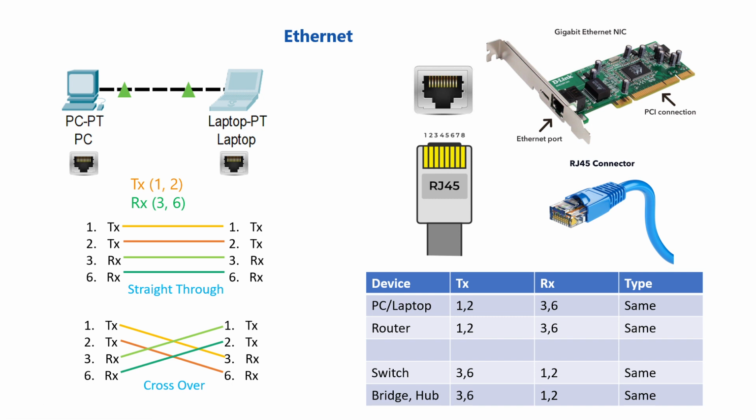So some things to note. There is an Ethernet port here, and this is a physical port. And remember, we're making a distinction between a physical port and a logical port. The physical port is what we find on the Ethernet NIC. Physical port, it's a slot.